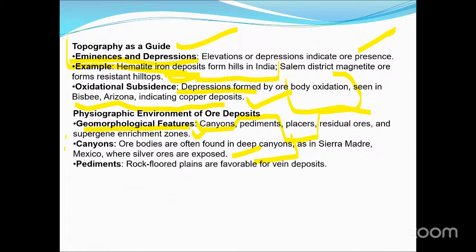You can remember or write down these best examples from worldwide or India. So canyons are best exemplified in the Mexico area. And Arizona has copper deposits, indicating oxidation subsidences. And the geomorphological features are canyons, pediments, placers, residual ores, and supergene enrichment zones.